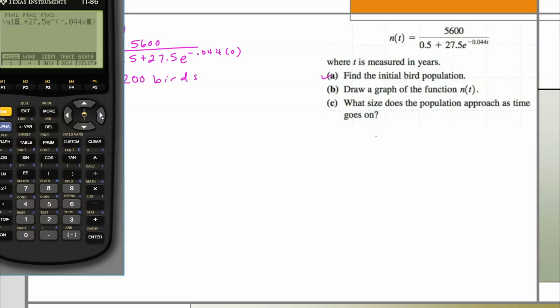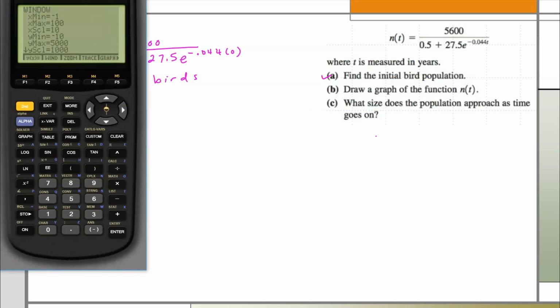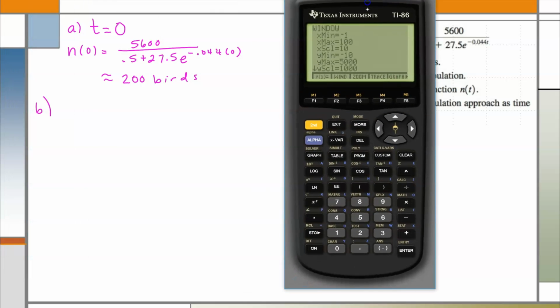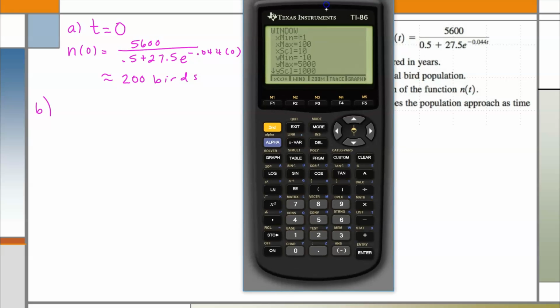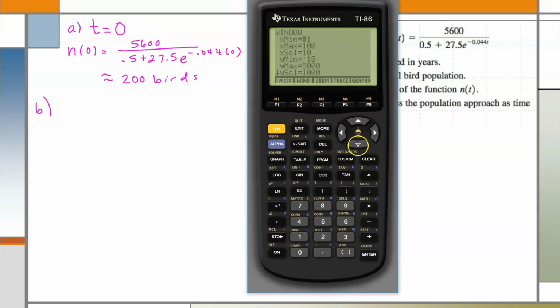Yeah, no, there we go, 0.5, 27.5, -0.044. Okay, looks all right. So let's see if we can get a better window. Maybe it doesn't approach anything, but they're asking us that question, so let's see if we can explore more.